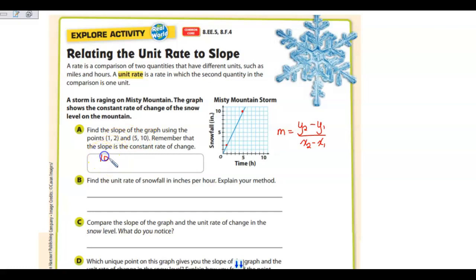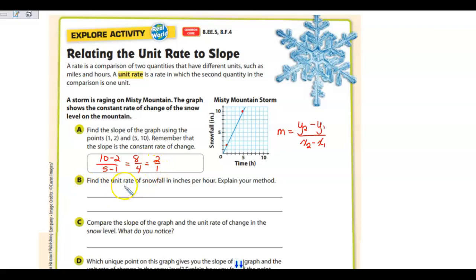So 10 minus 2. x2 is 5, x1 is 1, so then we'll have 5 minus 1. 10 minus 2 is 8, and 5 minus 1 is 4. I can simplify that by dividing both by 4 and get 2 over 1. And I'm going to leave it in this ratio.